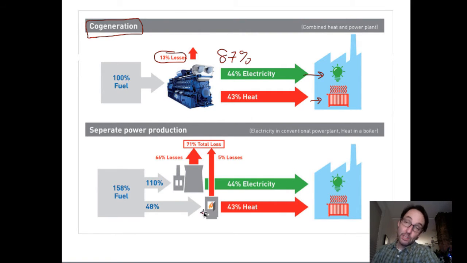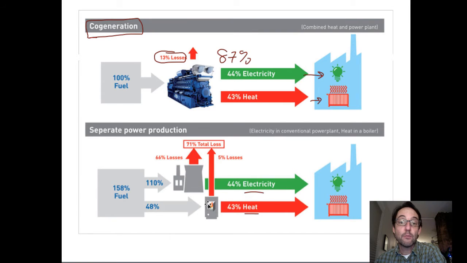If we look at a more traditional way of doing both of those processes, creating electricity and creating heat, you would take fuel and generate your electricity, but then you'd also have to generate heat. And in this case, it's showing some sort of boiler process, which is about 95% efficient.